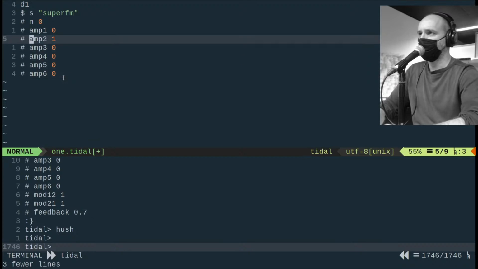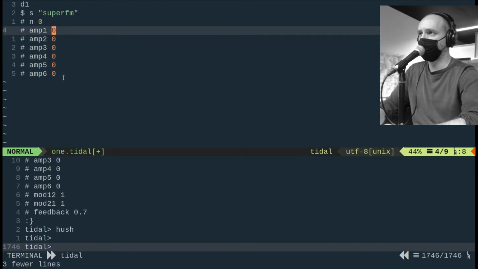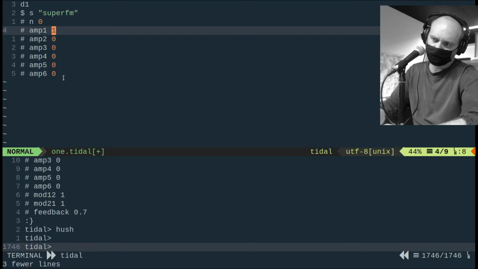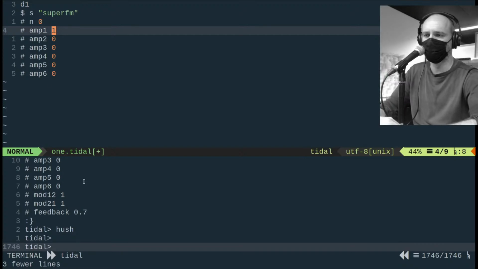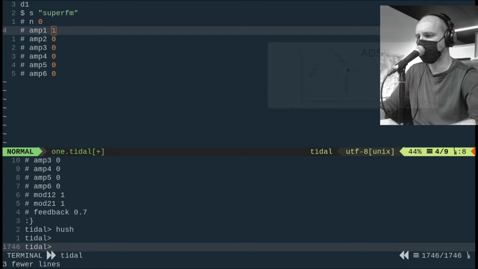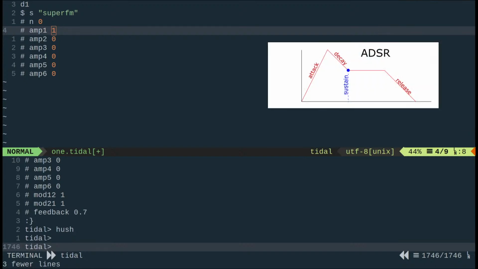So I suppose you're familiar with Tidal Cycles envelopes: attack, decay, sustain, and release. This is the ADSR envelope, which is typical of synths in general, and it's represented like this. There's a time of attack to a peak in amplitude of the sound, then a decay to a sustained amplitude, and a time of decay, so the time it takes from the peak to the sustained level.